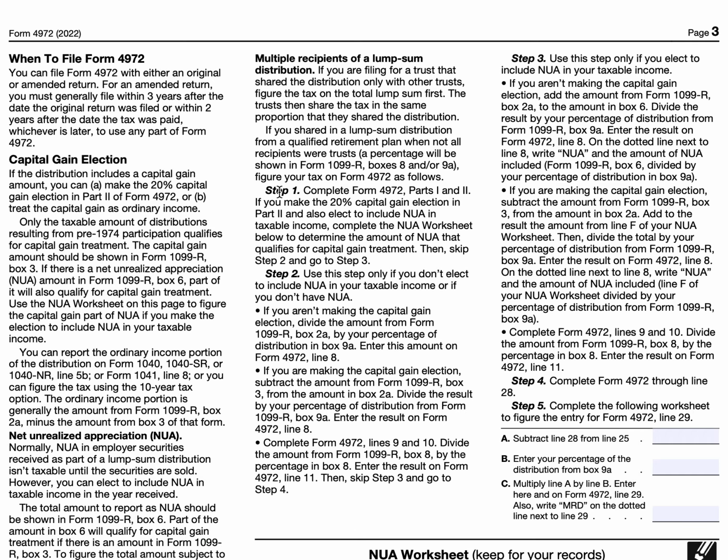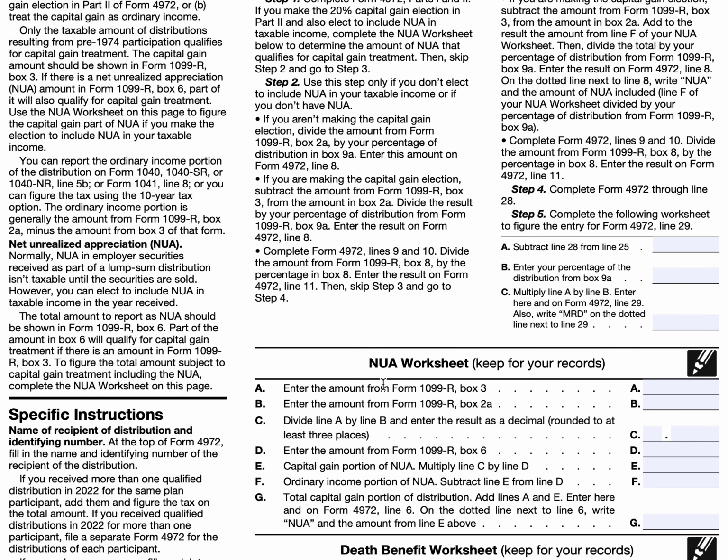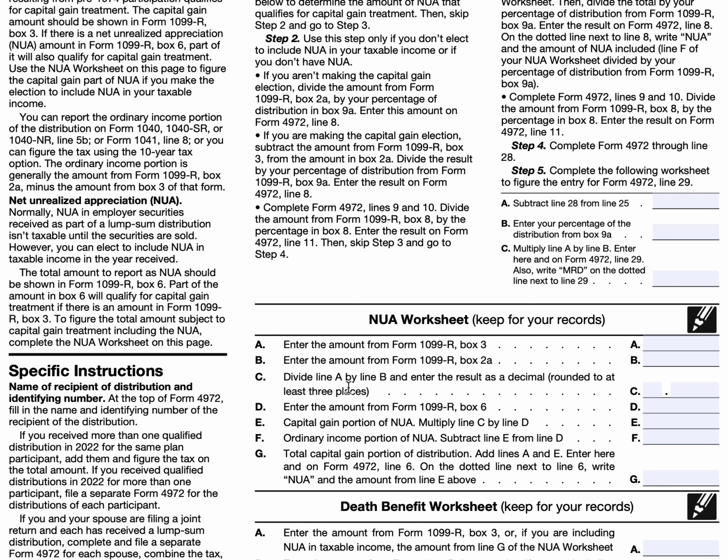And then it also has additional information about what to do with multiple recipients. Here's the NUA worksheet. Usually, securities received as part of a lump sum distribution are generally not taxable until they're sold. However, you may decide to include the NUA in the year that you received it.